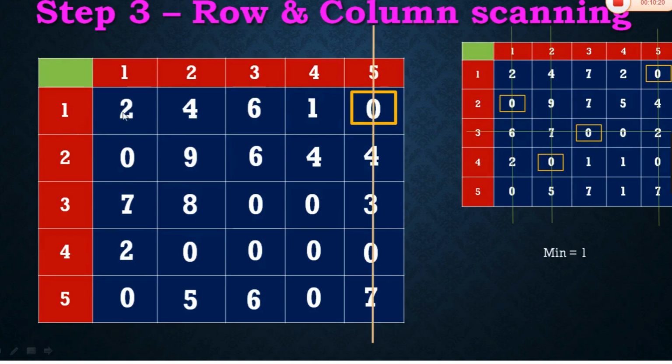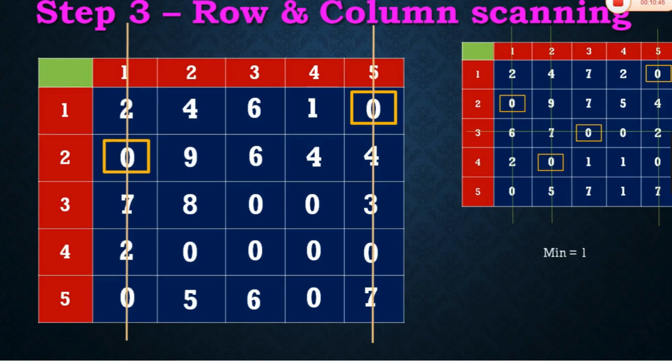Here, in the first row, we have exactly 1 zero. So, as per procedure, we square mark around that 0 and draw a vertical line through that 0. In the second row also, exactly 1 zero is there. As per procedure, we have to draw a vertical line.